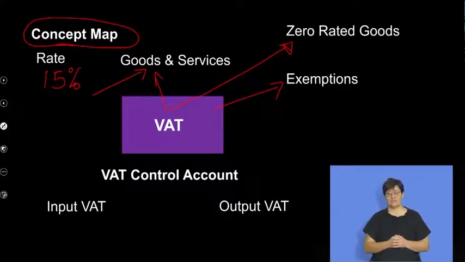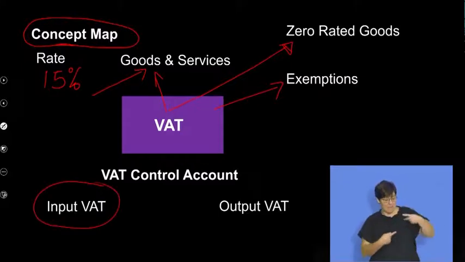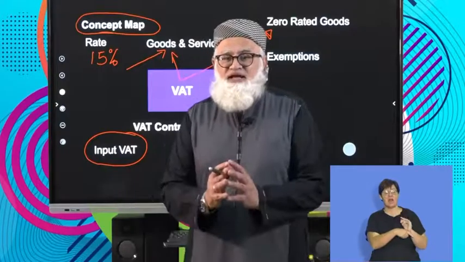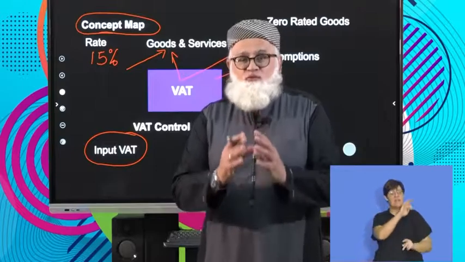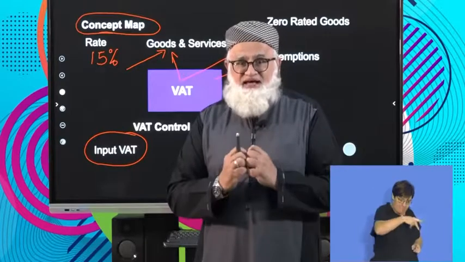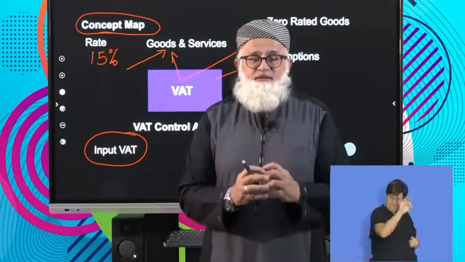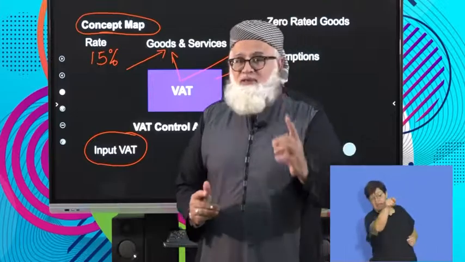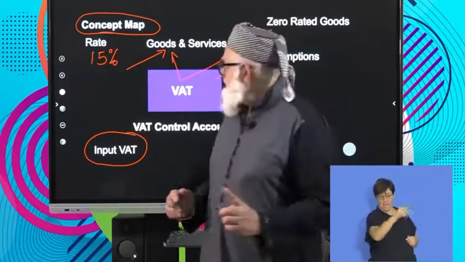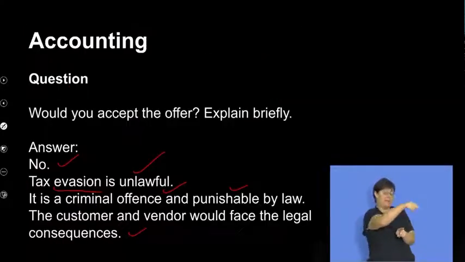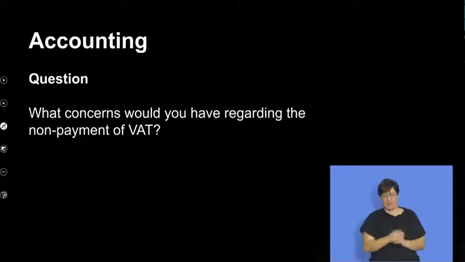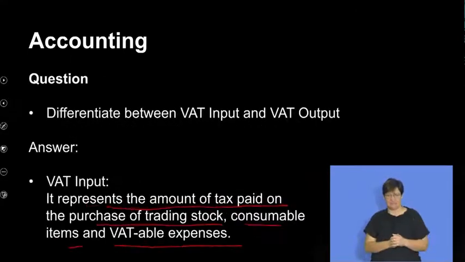Right, then we said input VAT. We discussed input VAT in detail. What do we know about input VAT? Input VAT is all the VAT that we as a VAT vendor have paid for goods. Can you remember the example that we had? Let's just go through the example one more time so it will clearly explain what we are referring to here.